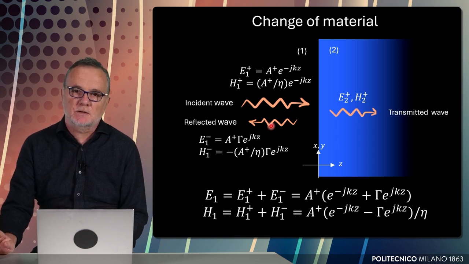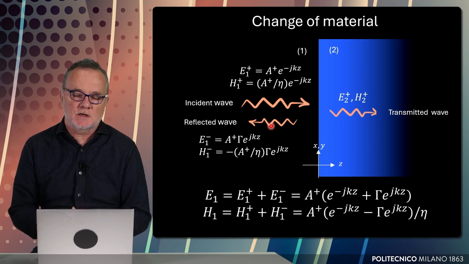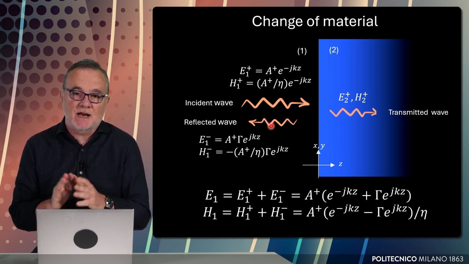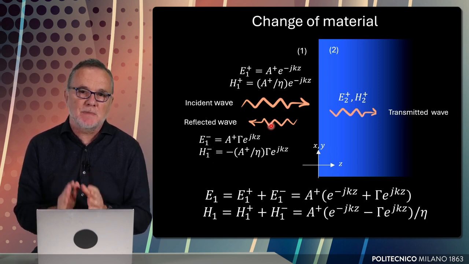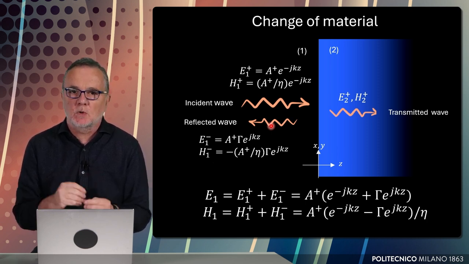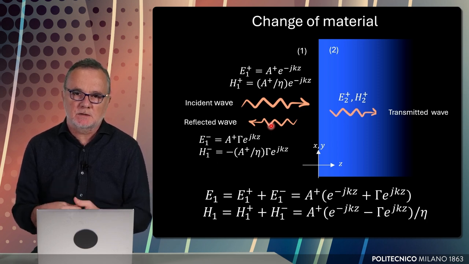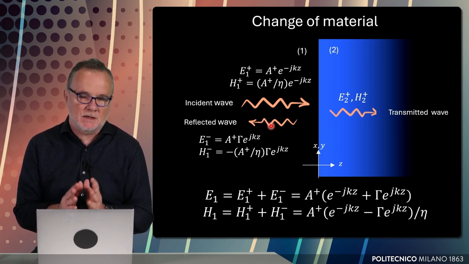Let's not forget that we are dealing with phasors and therefore with sinusoidal functions of time. And these sinusoidal functions of time have an amplitude that is the magnitude of the phasor. So when we study this interference pattern, the standing wave pattern, what we are studying is the amplitude of the field, and therefore the magnitude of the phasor.